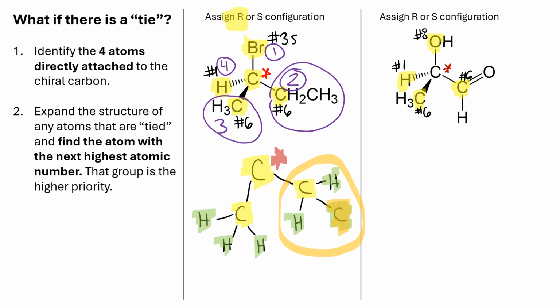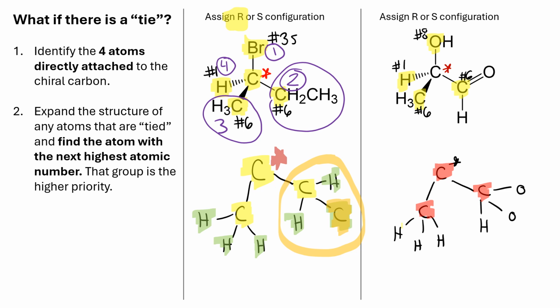So come down here. Here's our chiral carbon. This carbon off to this side, we're going to think of as being bonded to 2 oxygens and a hydrogen. This carbon over here, we're going to think of as being bonded to the 3 hydrogens that we can see more clearly. So when we go out atom by atom, here we can see this carbon is directly bonded to this carbon and this carbon.